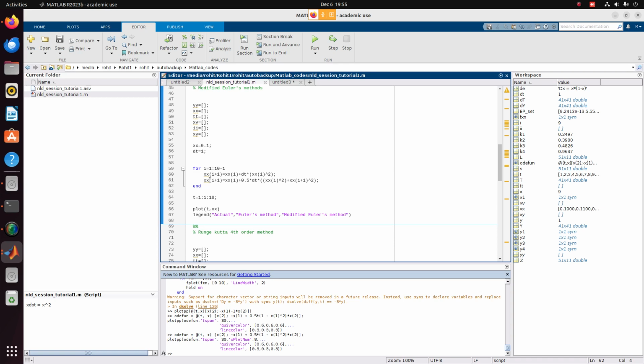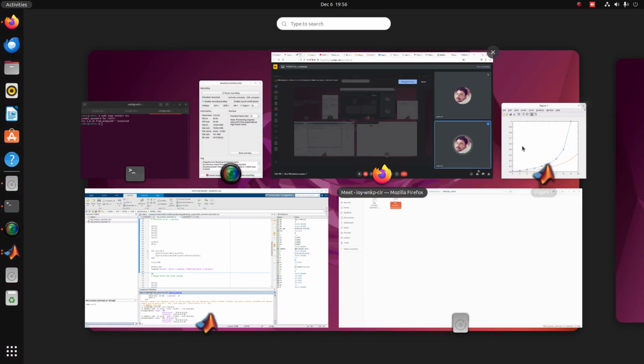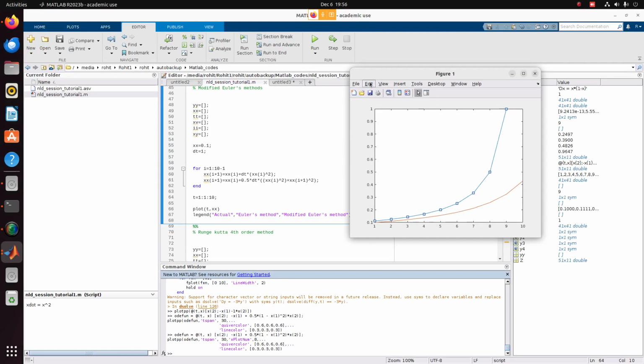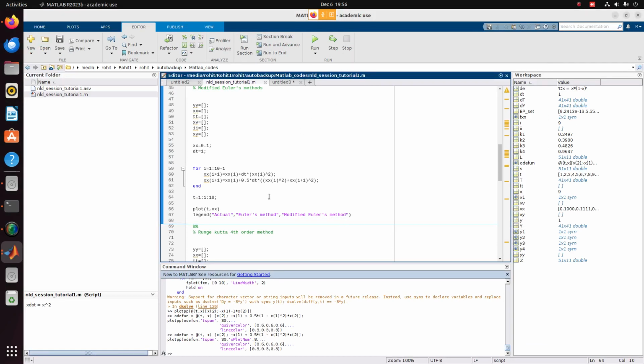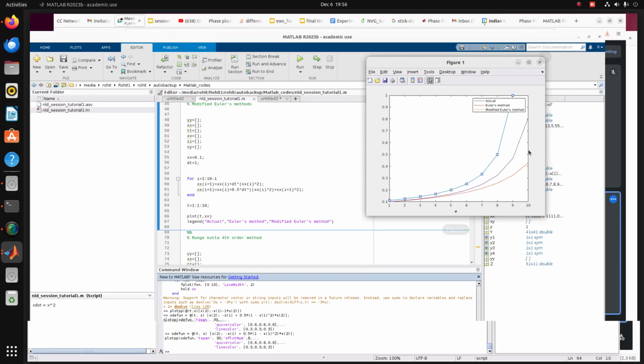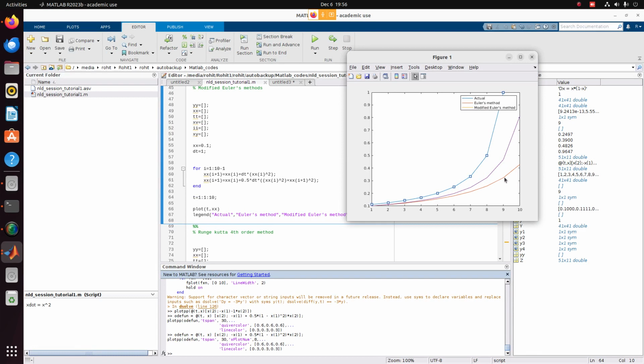And if you plot it here, you will see how that system behaves. Sorry, we have this thing wrong.